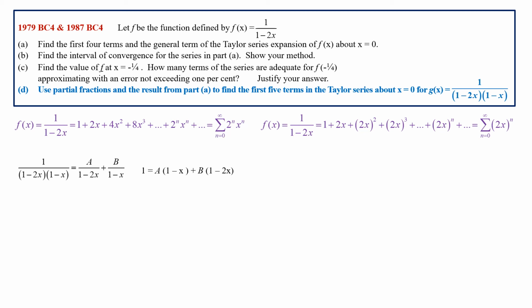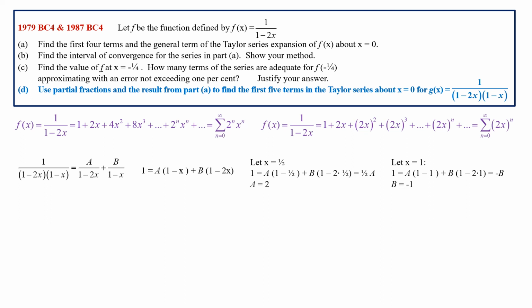I will need to substitute some values of x so that hopefully I can cancel out some a's and b's. Let's cancel out the b first by plugging in a half. What I'll be left with is 1 equals 1 half a. Multiply both sides by 2 and hey, lo and behold, a equals 2. We can do this again if we plug in 1. This will cancel out the a from the problem and we'll be left with 1 equals negative b.